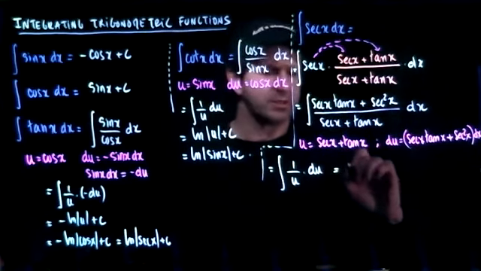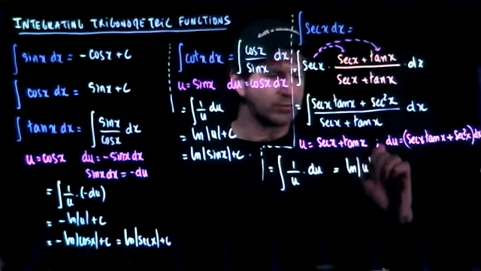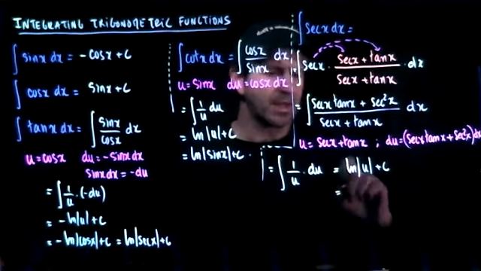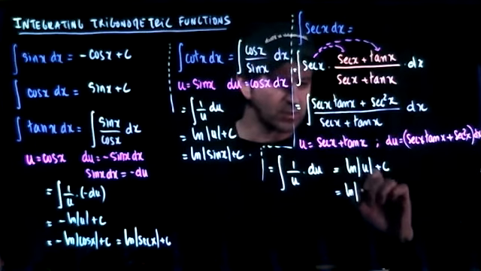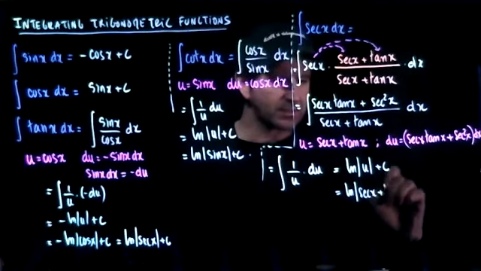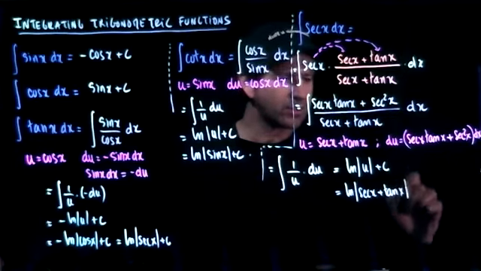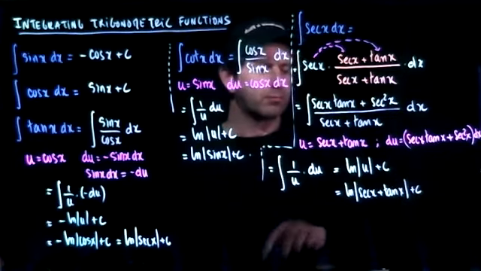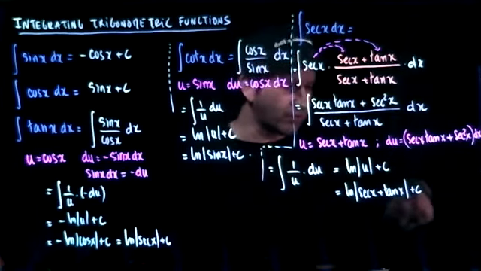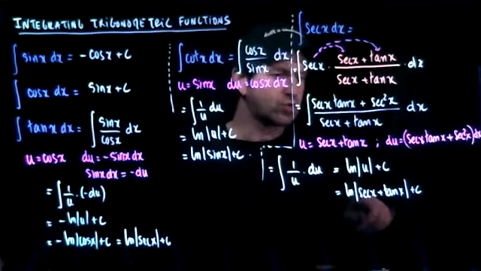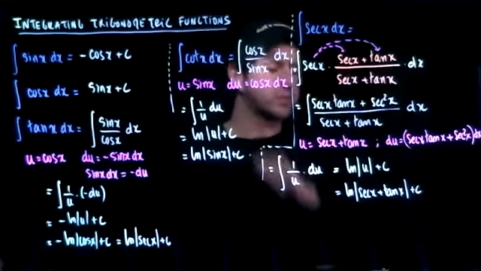And so this is the ln of the absolute value of u plus c, and now u, I replace it back by secant plus tangent. It's ln of secant x plus tangent x plus c. So that's my answer. If you do the derivative of this, it should simplify all the way to secant.